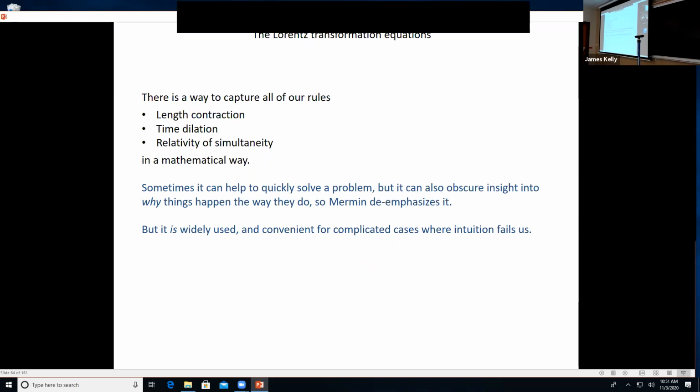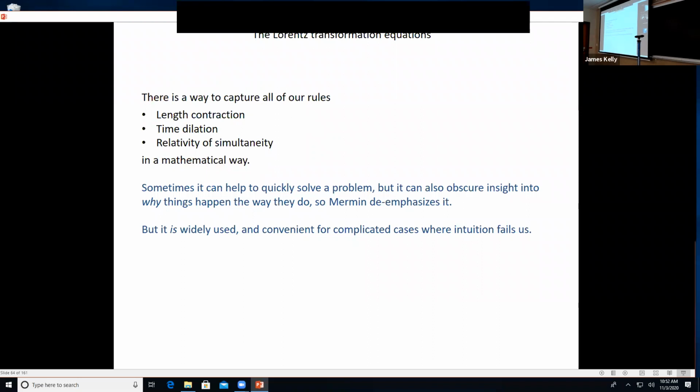They can obscure why these effects are happening the way they do, whereas you have a better sense of what's going on if you explain in terms of these three more physical effects. But it's widely used in physics classes, and it's convenient for complicated cases where intuition fails us.